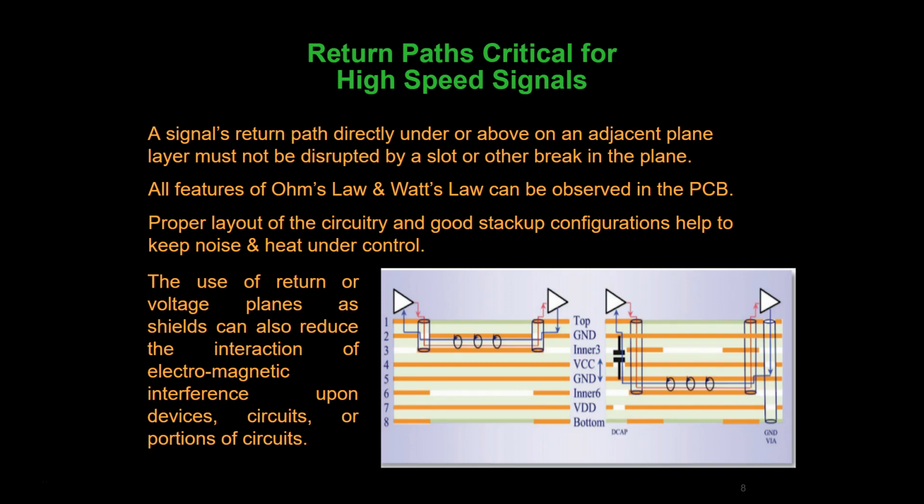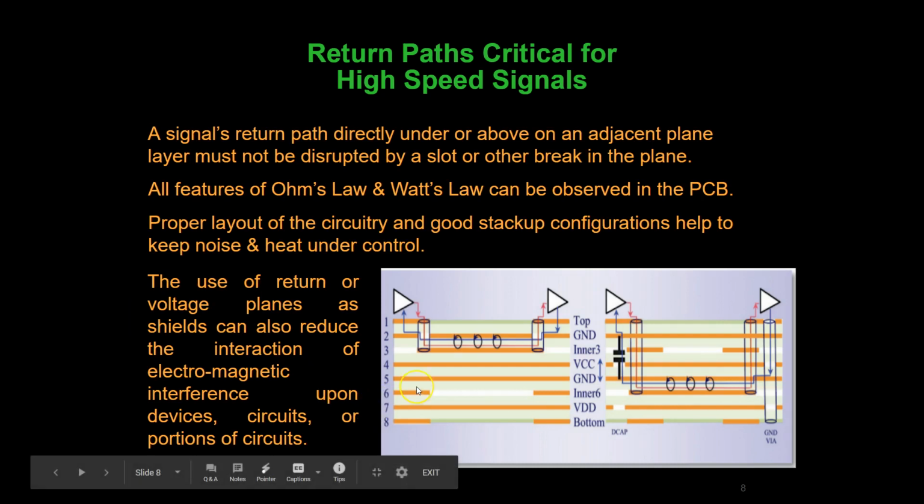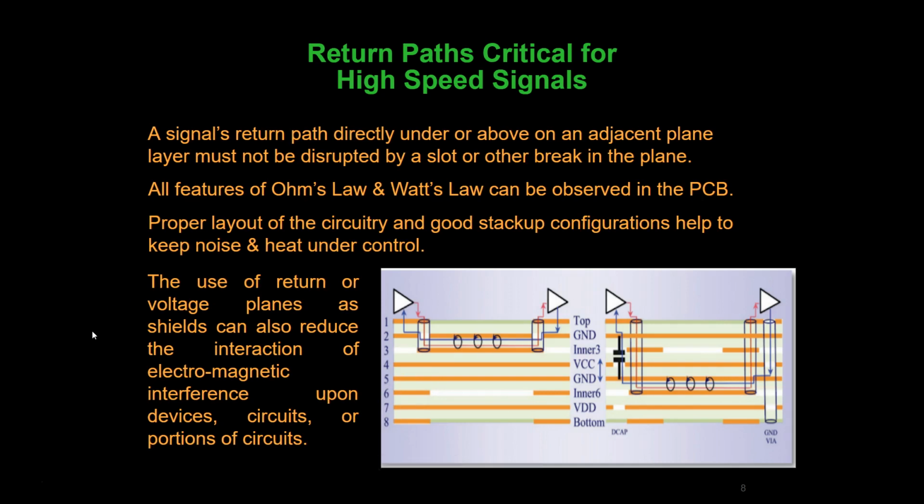These discontinuities cause the return current to flow in larger loops, which increases the radiation from the board as well as the crosstalk between adjacent traces, and causes waveform distortion. In addition, in constant impedance PCBs, a return path discontinuity will change the characteristic impedance of the trace.